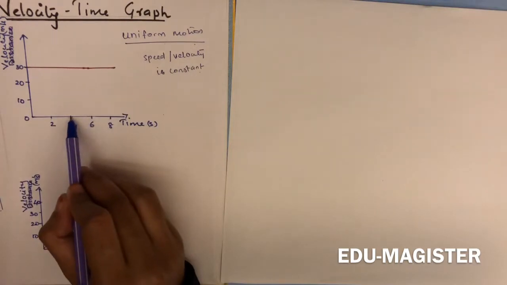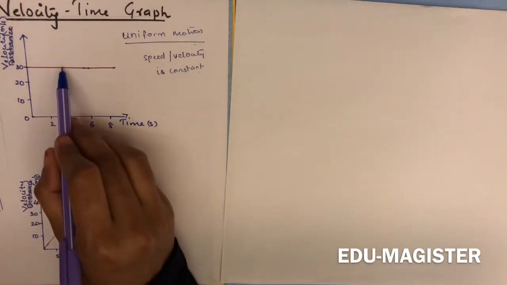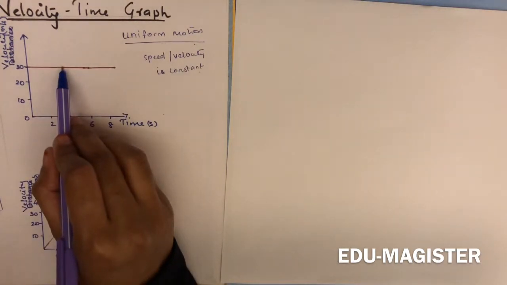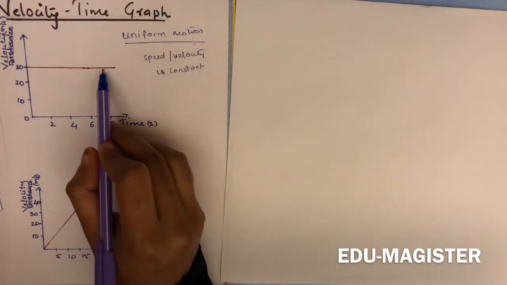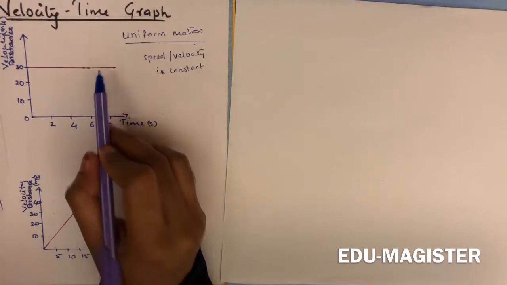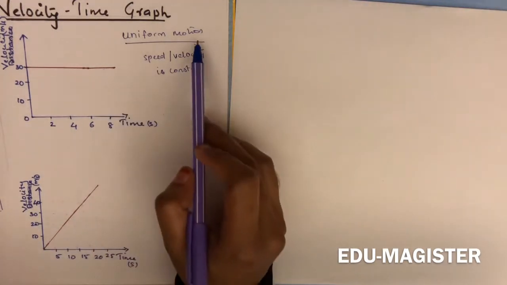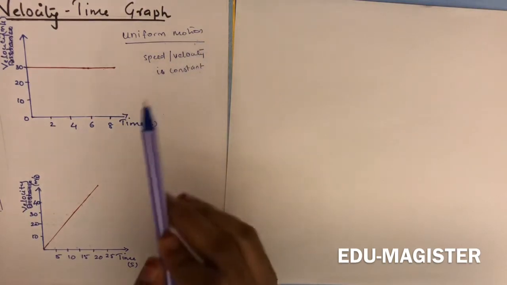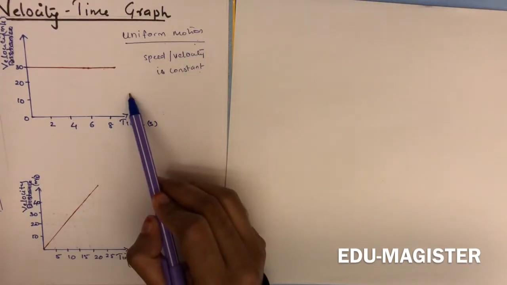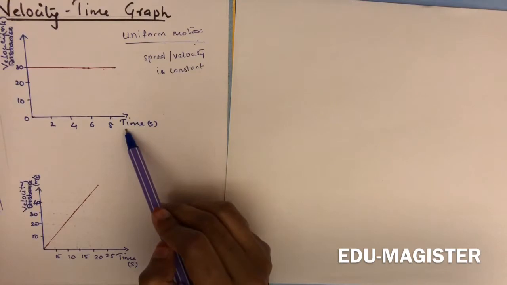In the next 4 seconds, it is again 30 meters per second. So in any time interval that you take, my velocity is constant. Thus, for a uniform motion, a velocity time graph will be a horizontal line like this, which is parallel to the x-axis.